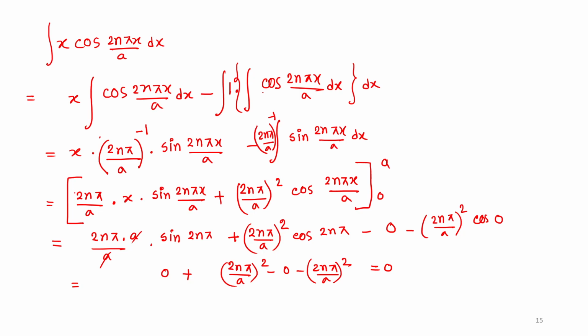Integration is the reverse of that, but this doesn't matter much, because anyway this is going to be 0, even if it is a square, n pi minus 1, and this going to be minus 2.